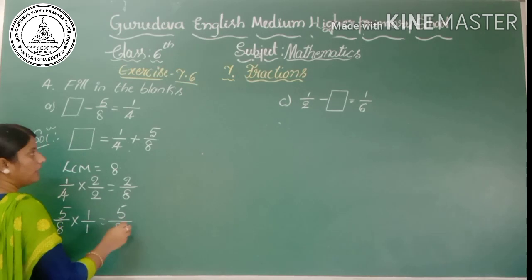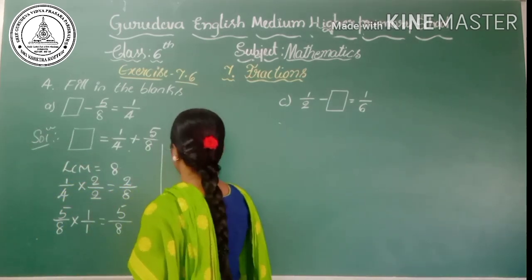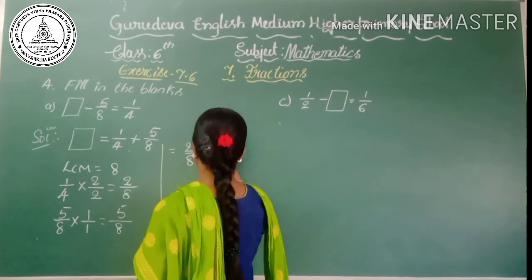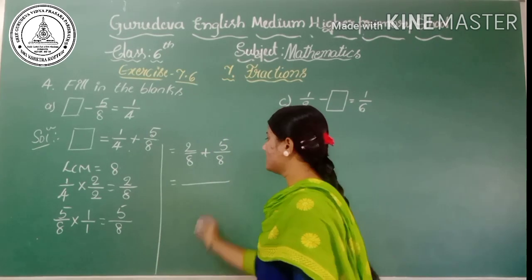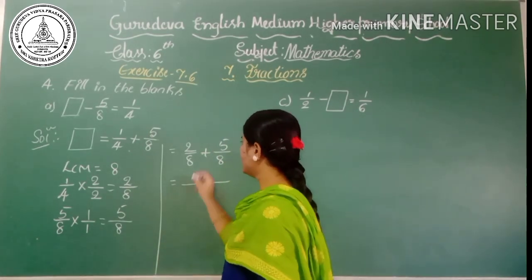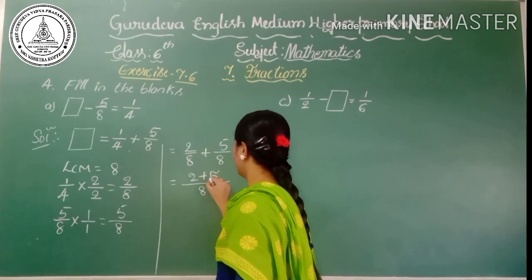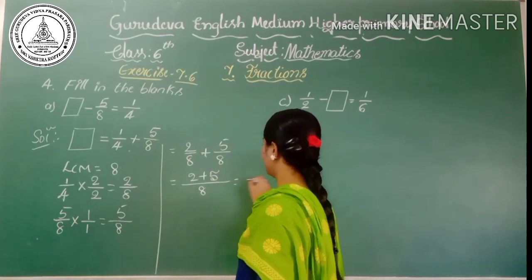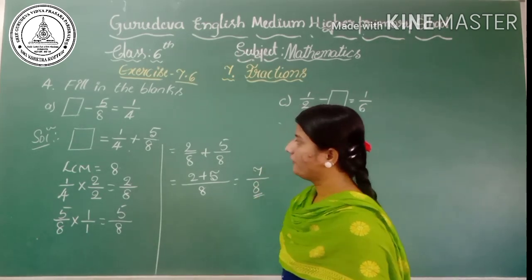So now add here 2 by 8 plus 5 by 8, which is equals to, these two are like fractions. Then write the denominator as it is and add the numerators 2 plus 5, which is equals to 7 by 8. So in the blank what we have to fill?